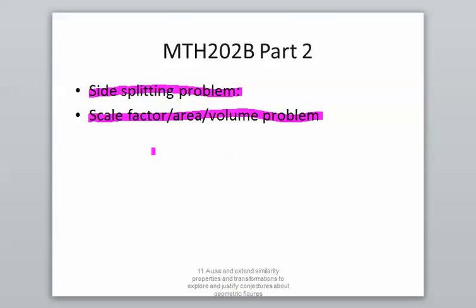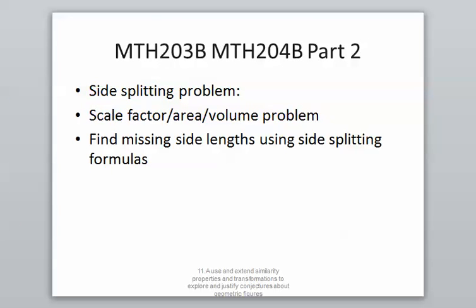Remember that? You can go back and look at the examples that I've done in this review, and it'll help you a lot. Okay? And if you're in 203 or 204, you're going to have one more, and that's going to be finding the side lengths using the side splitting formula. So it's going to be just using that side splitting formula one more time to find some missing values.